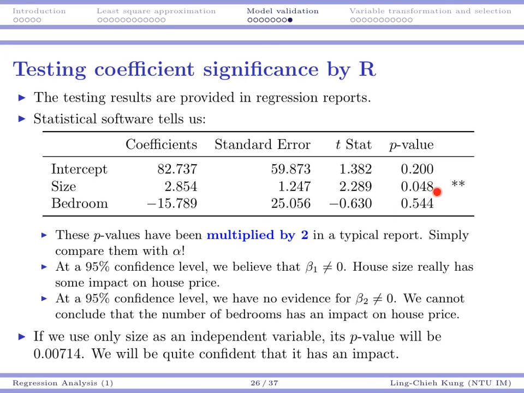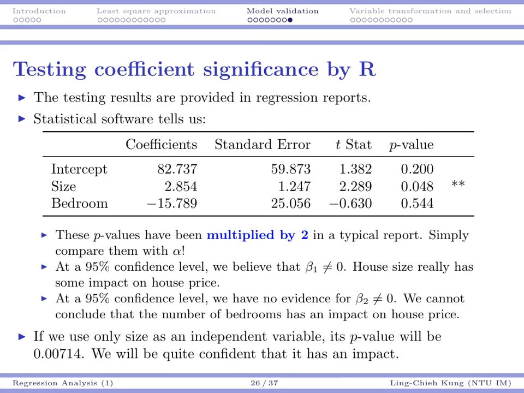However, for bedrooms, this p-value is very large, so we do not have strong evidence showing that bedrooms has an impact. Okay, so if we are using a 95% confidence level, then we say we have confident belief that beta 1 is not 0. House size really has some impact on house price.